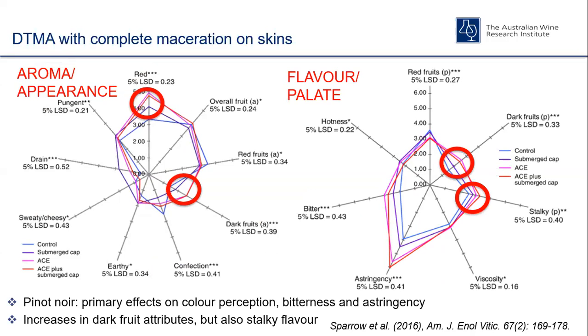But here it was found that with the DTMA maceration, there was important increases in red color and also dark fruit flavors, which were both on the aroma and the palate, but interestingly also an increase in the stalky flavor as well. The key effect here was that by introducing the DTMA maceration, there was actually a large increase in astringency and bitterness, but we also saw that very large increase in tannin, which occurred through that technique.